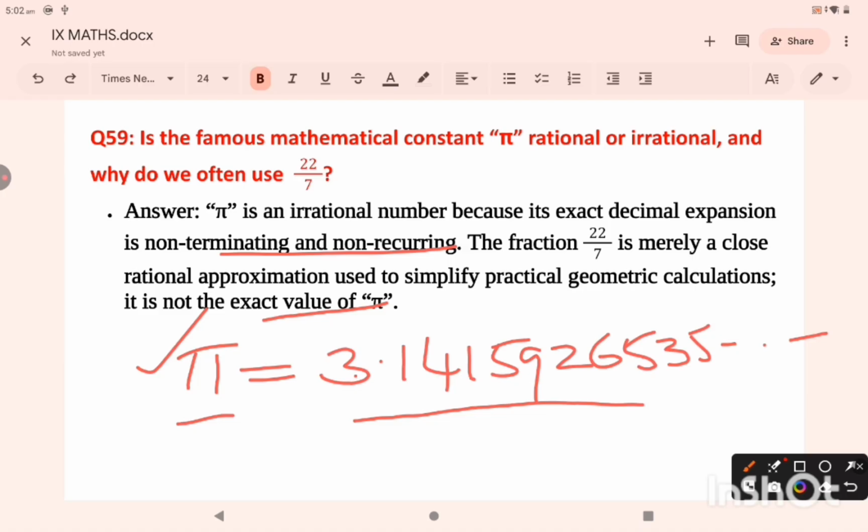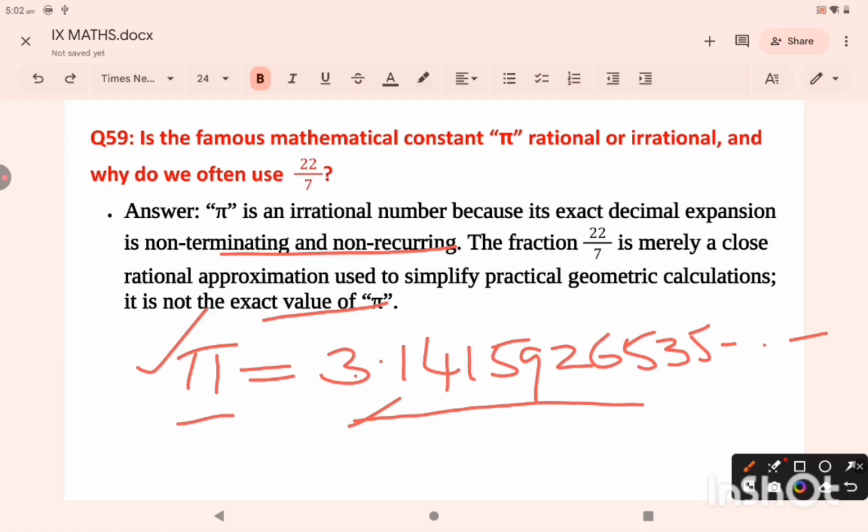Here 22 by 7 is an approximate value of pi, that is not an accurate value. The accurate value of pi is 3.141592653 and so on. Non-terminating, non-recurring. So the accurate value of pi is this one.